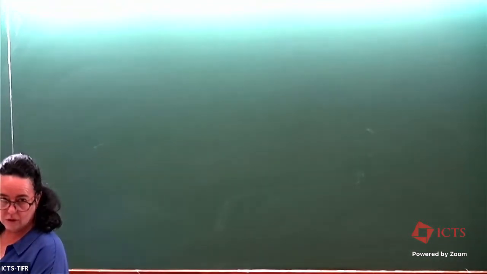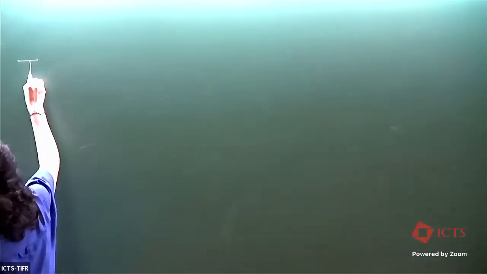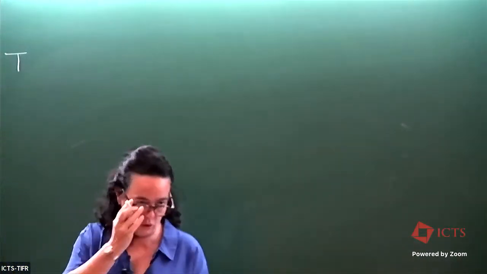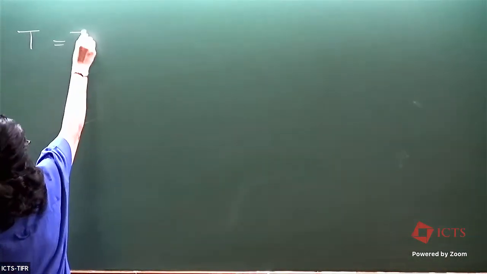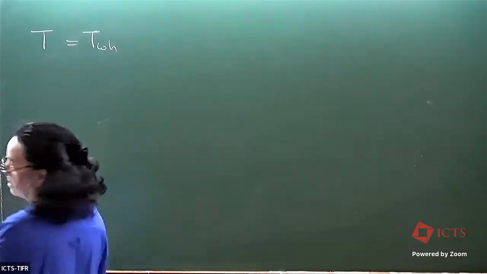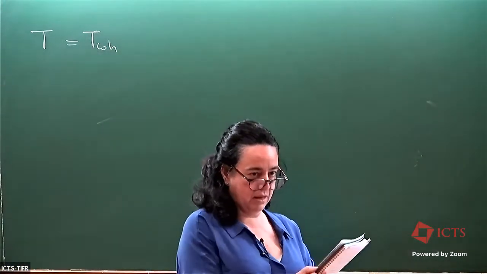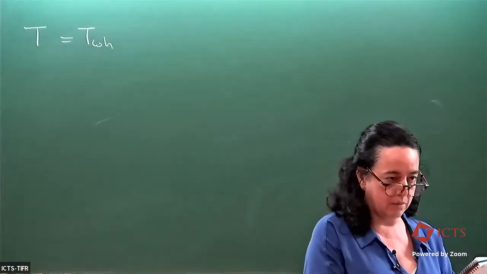Both today and in the lecture courses, I'm going to randomly denote T, the total observation time, the duration of the time. Sometimes you will see that I write T coherent, meaning the coherent integration time.